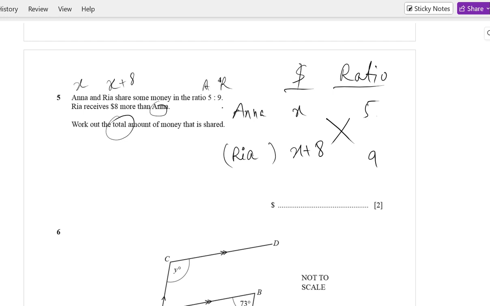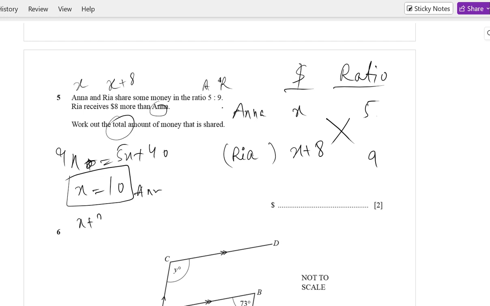Cross multiply: 9x is equal to 5x plus 40. Your x would be 10. That is Anna's amount. So Ria's amount would be x plus 8. That would be 18. Your total amount would be 28.